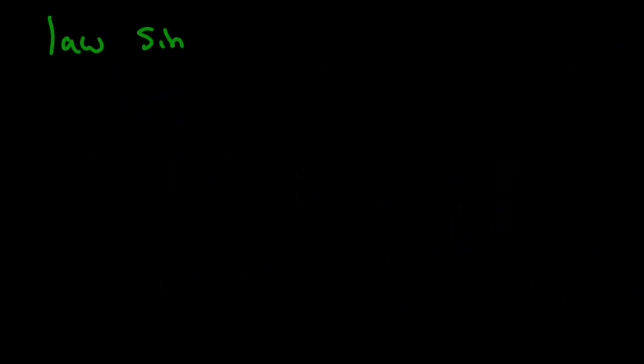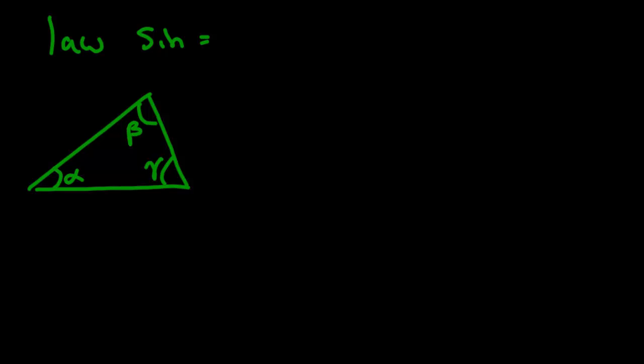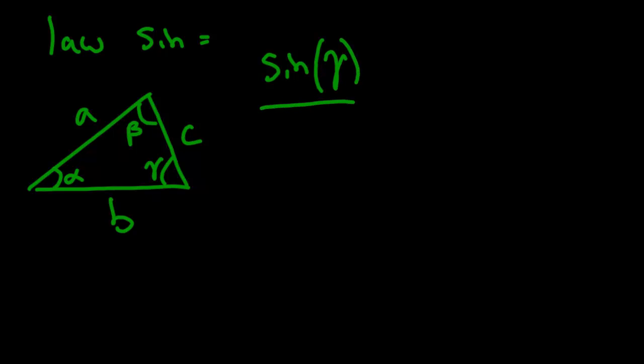Let me redraw our triangle again, where we have gamma, beta, alpha, A, C, B. So it's the sine of lambda over A is equal to, let me double check real fast.